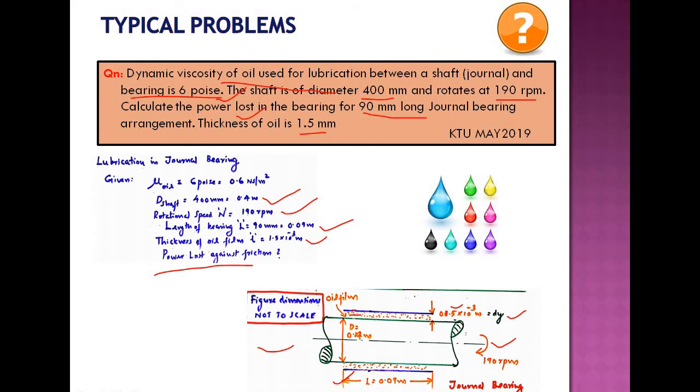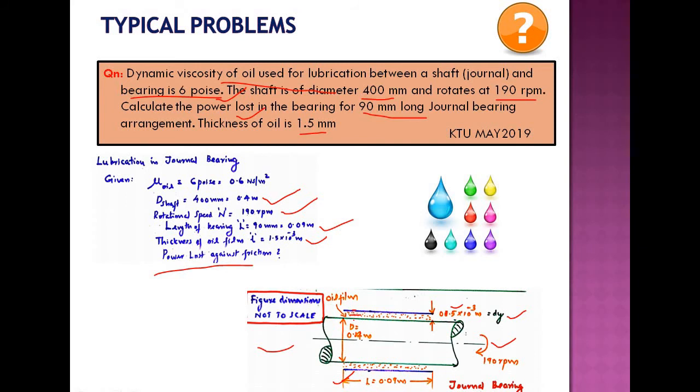What about the velocity of the layer of fluid that is adjacent to the journal's external surface? It is having a velocity, and that velocity will be the tangential velocity of rotation of the journal. Correct. So you have the velocity 0 at the bearing surface, and you have the tangential velocity of rotation of the journal for the fluid layer that is sticking to the exterior surface of the journal.